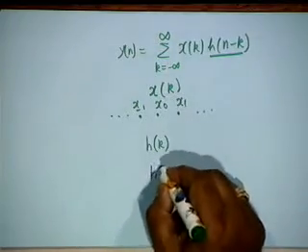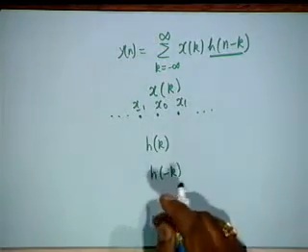Then find out h of minus k, which is simply taking 0 as the pivot, you flip it over. You take the right side to the left and the left side to the right. This is h of minus k.